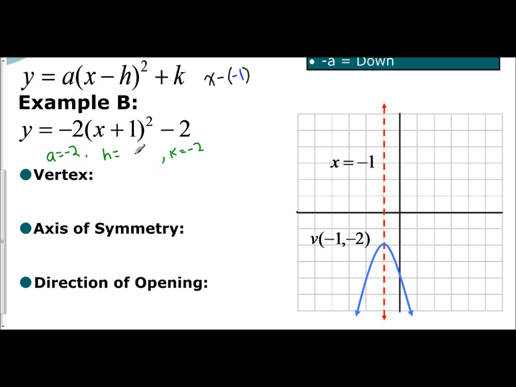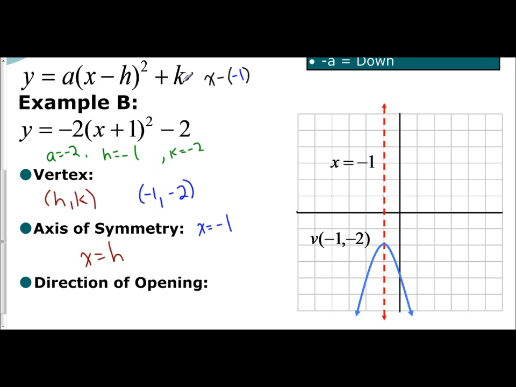So h is negative 1. Your vertex is the coordinate (h, k), which means your vertex is the coordinate (-1, -2). Your axis of symmetry is the equation x equals h. You have to include the x equals. So x equals negative 1.